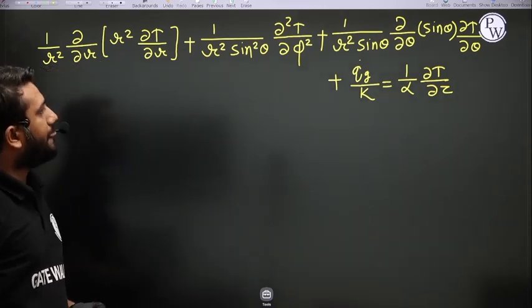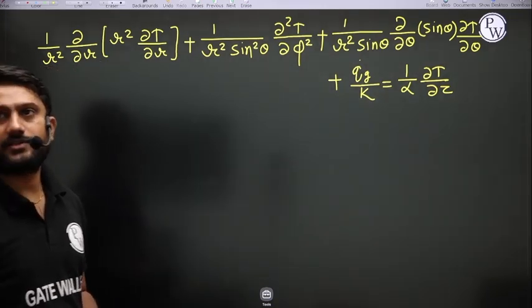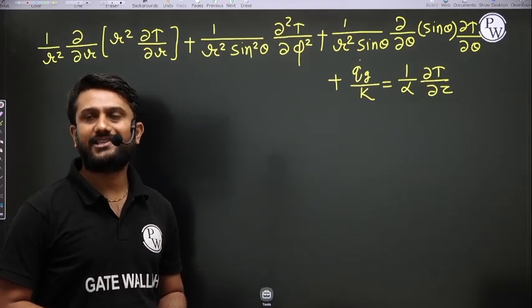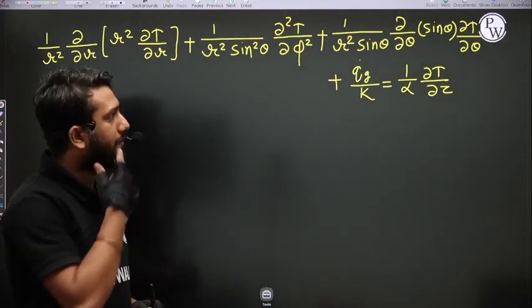Is it clear? So this is the general heat conduction equation if we assume the material is homogeneous and isotropic.